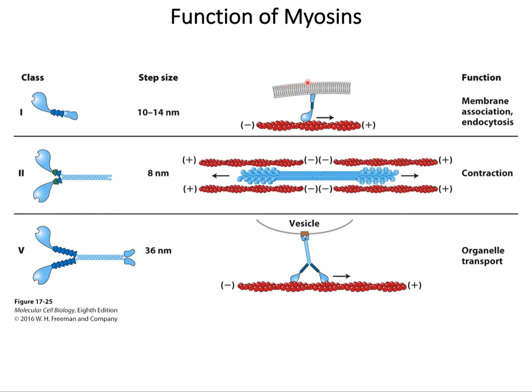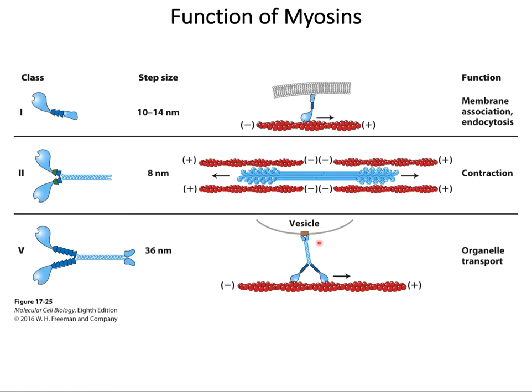This myosin also plays an important role in endocytosis and vesicle trafficking by moving vesicles that need to be moved towards the plus end. In this case, you can imagine that this could be a membrane vesicle, an endocytic vesicle. We'll come back to this myosin 2 in a minute. The role of myosin 5 is mostly vesicle trafficking.